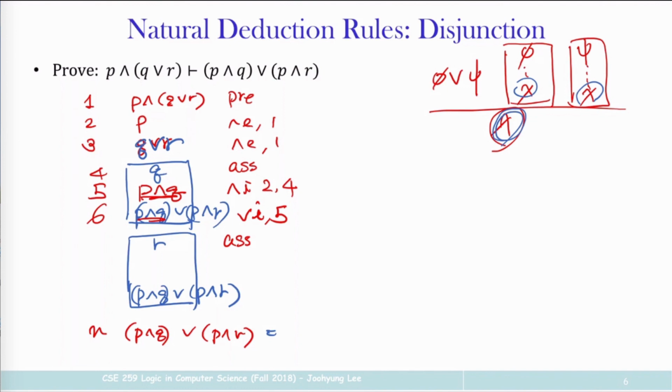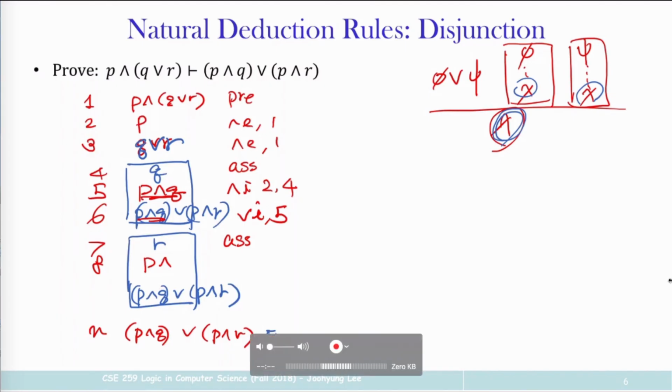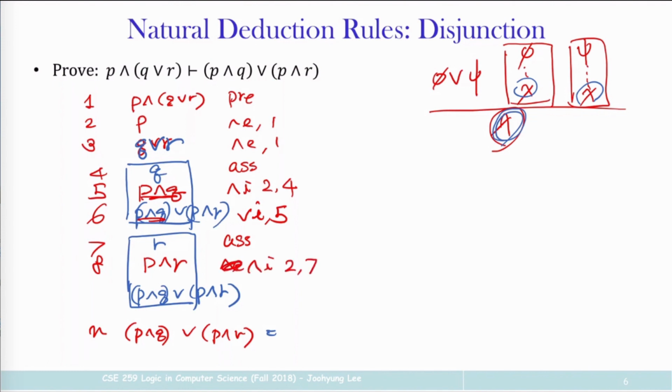So line 7 we assumed R. Line 8 we can derive P and R. No problem. So from line 8 we can derive P and R from line 2, and-introduction from line 2 and 7.